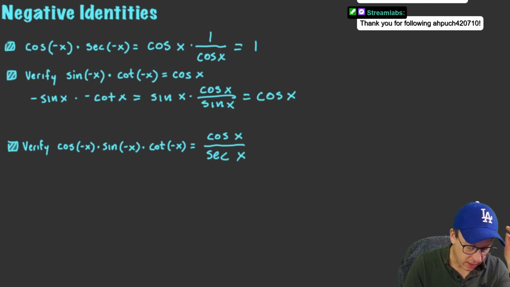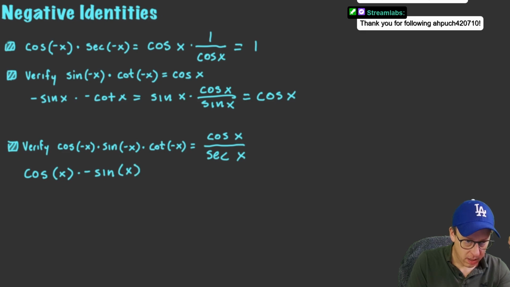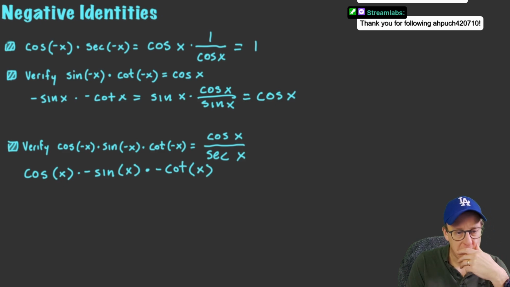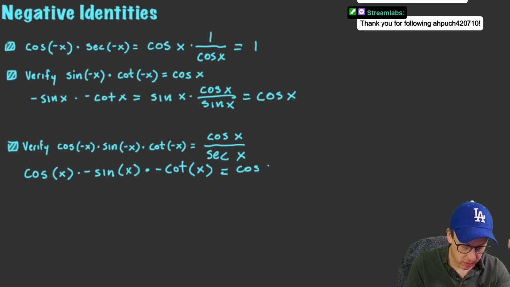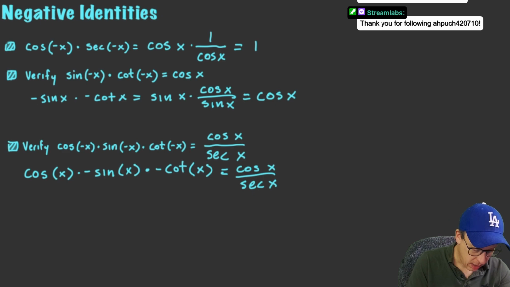If we wanted to verify that these indeed were true, what we're going to do is go and get our cosine of x times the negative sine of x times negative cotangent of x. And this will still stay exactly the same. So cosine of x over secant of x, and then continue to simplify this.